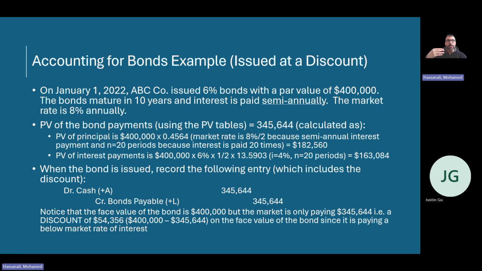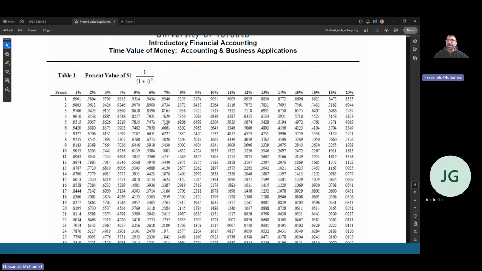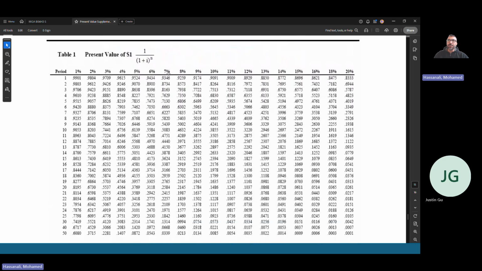So it's sort of assuming that I'm going to pay the first 4% of the market rate in the middle of the year, and the next 4% at the end of the year. So to calculate the present value, instead of using 10 periods, 6%, we are going to go to the present value table. For the principal, the market rate was 8%, so we're going to use 4% because it's paid twice, so 4 and 4 gives you the 8.